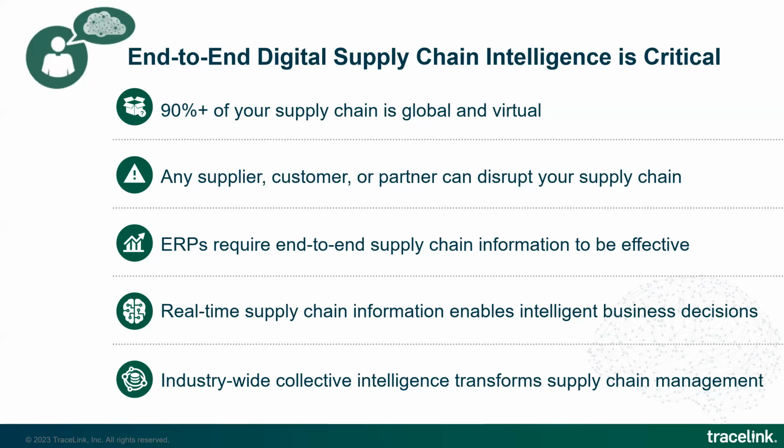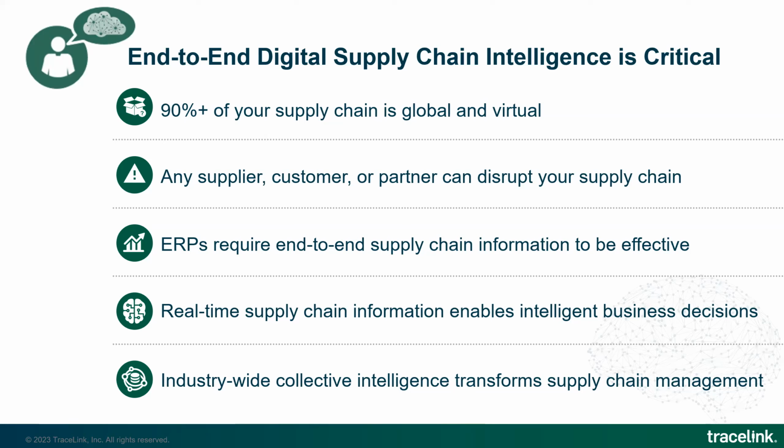Being able to get this sort of digital supply chain intelligence is critical for a lot of companies, because upwards of 90% of the supply chain is global. Anybody in the supply chain can disrupt the supply chain. I think we all learned a couple of years ago that all it takes is a boat parked across the Suez Canal to cause all sorts of issues. ERPs require this information to be effective.